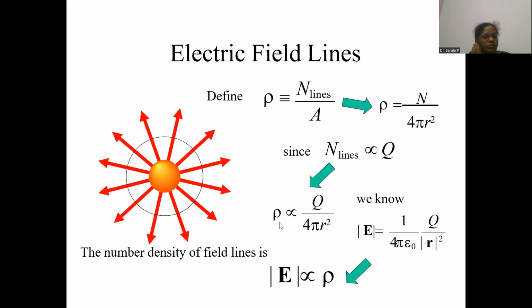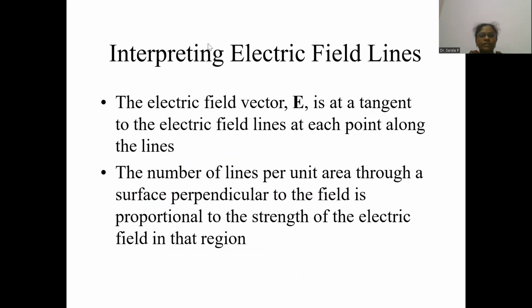Here rho is the density, which is proportional to Q by 4 pi r square. The electric field is 1 by 4 pi epsilon naught Q by r square. So E is proportional to rho. Interpreting the electric field lines, the electric field vector E is tangent to the electric field lines at each point along the lines.